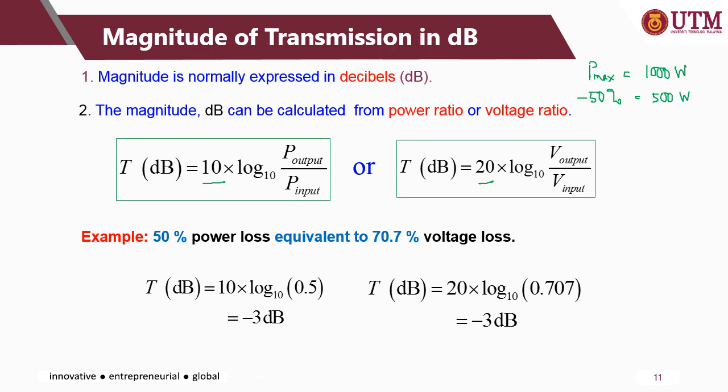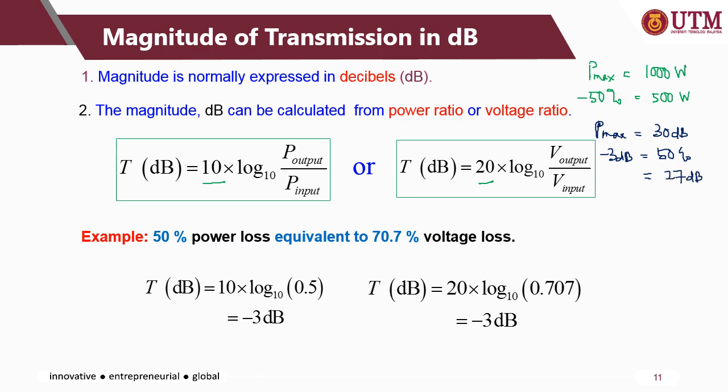Okay, let's look at the dB values. When you have your P max equal to 1000 watt, it is equal to 30 dB, 10 log of 1000, and at -3 dB or 50%, it is equal to 27 dB.